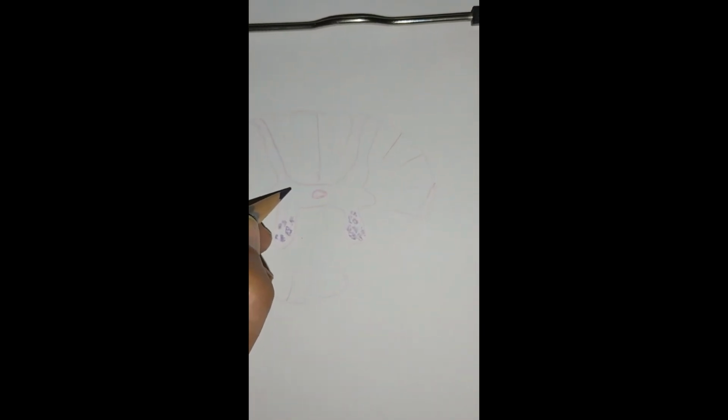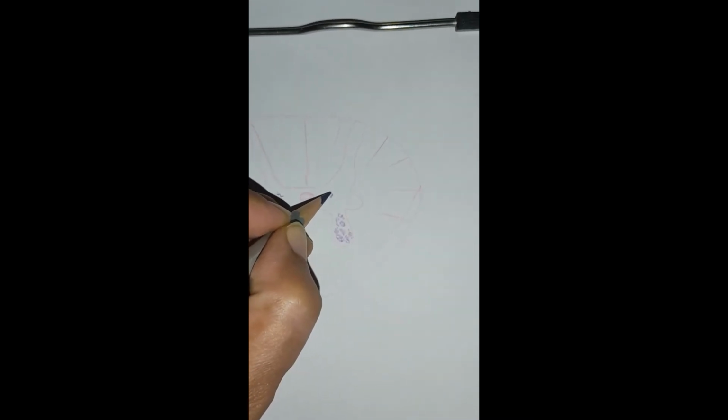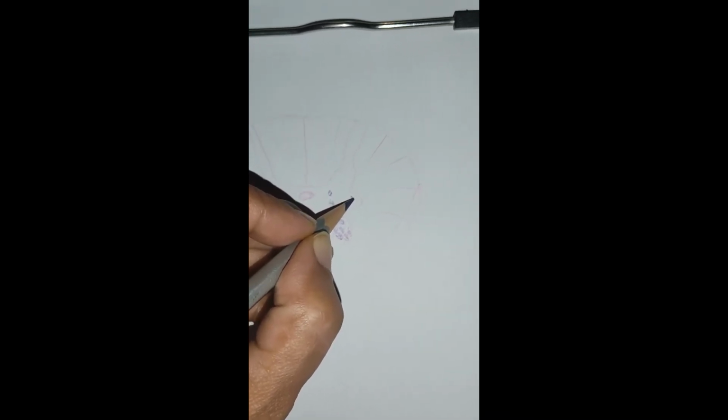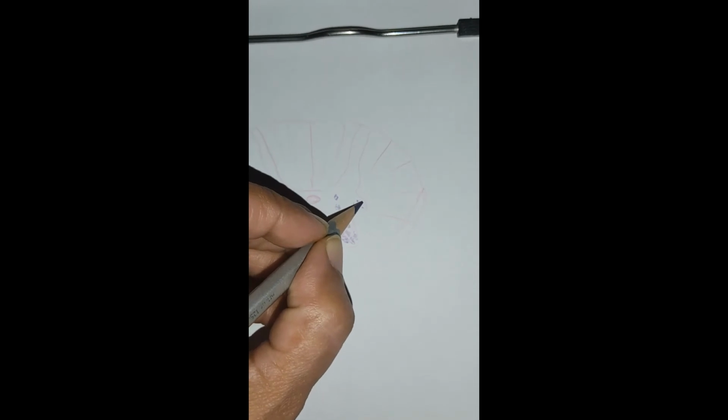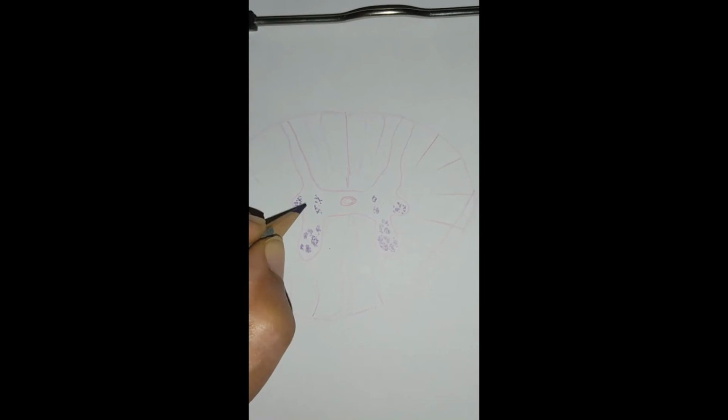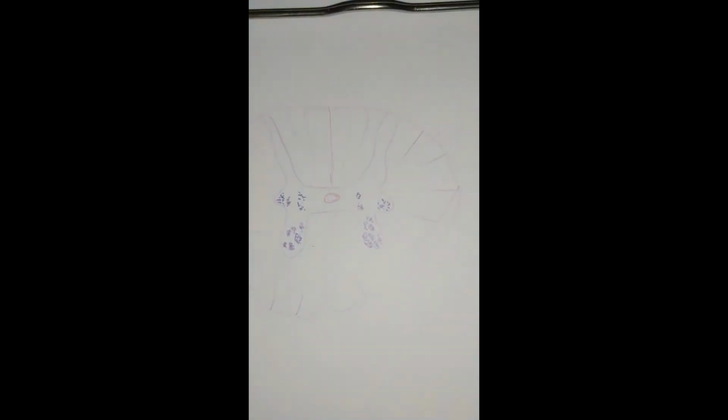Okay, some neurons here, and some in the lateral horns. Some in the posterior horn.